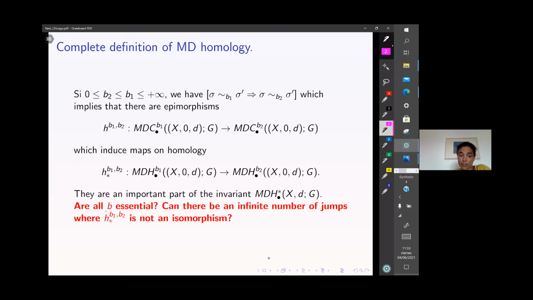A jump is a speed such that, whenever you take something smaller and something bigger, the map from the homology groups at speed b1 to the homology groups at speed b2 is not an isomorphism.